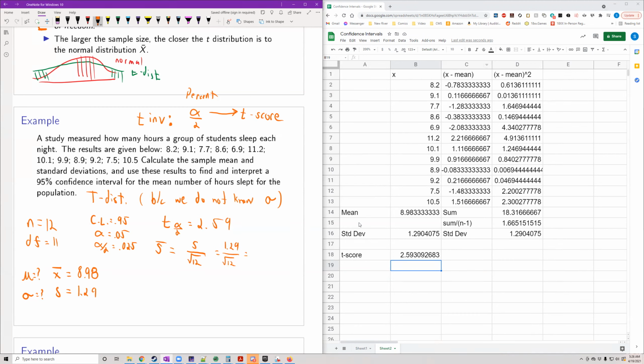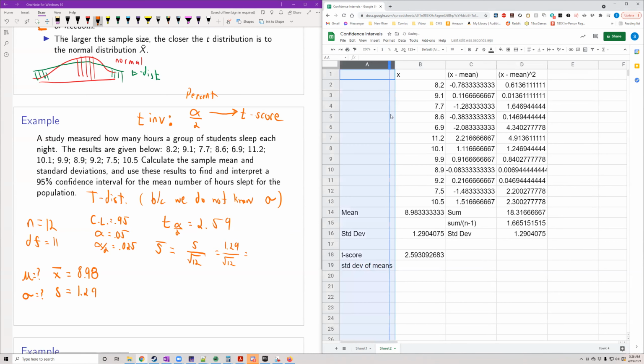We can do that over here as well. So that can be standard dev of means equal to our calculator standard deviation, divided by square root 12, 0.373.